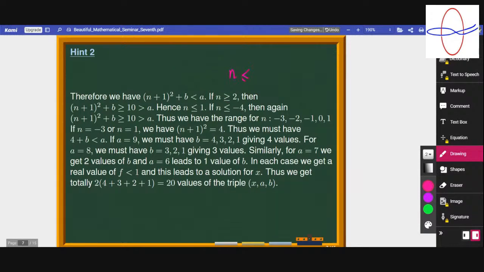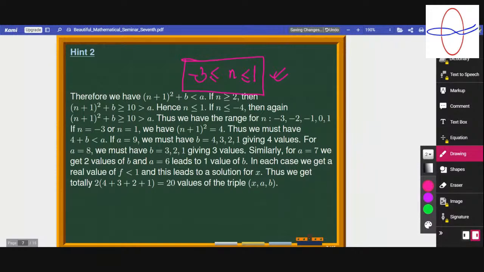The n must be less than or equal to 1 and greater than or equal to minus 3. Okay, we have got these values of n. Now put in these values of n and we have to check these values of n. Just put in these values of n and check how many values of a and b are possible. Okay, remember we are asking how many a's and b's are possible.